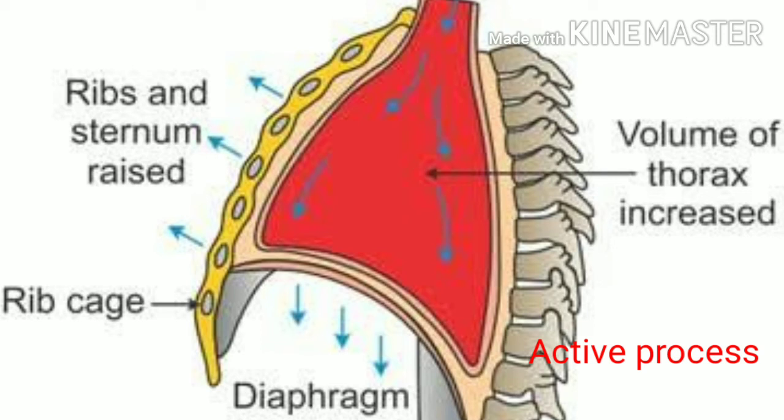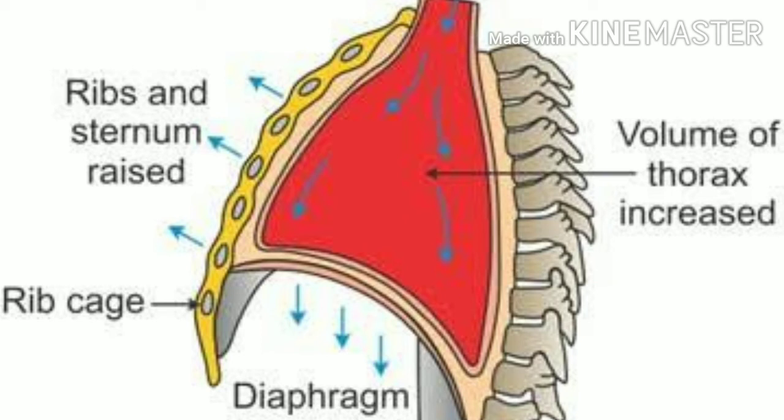Hence, it is called an active process. At the time of inspiration, the muscular diaphragm and external intercostal muscles contract.